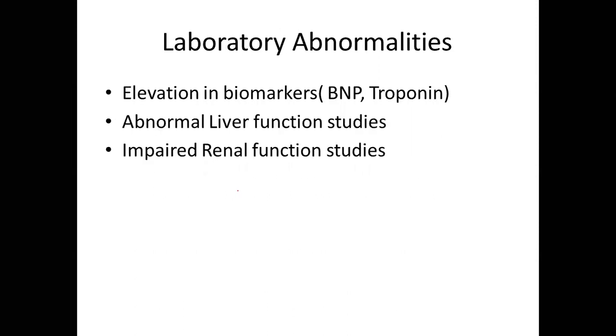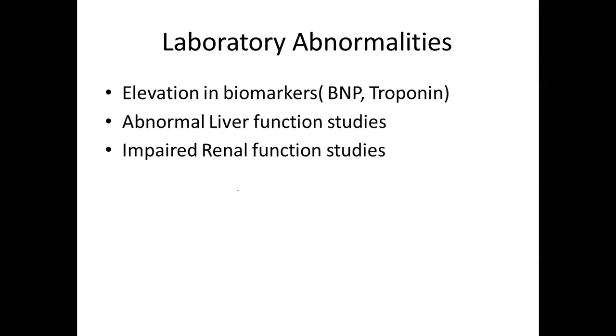So some laboratory abnormalities related to RV failure. One is elevation in biomarkers. With RV damage, like in LV abnormality, we can have raised cardiac biomarkers; brain natriuretic peptide and troponin can be elevated. Though their diagnostic use is limited in differentiating RV from LV failure or from other non-cardiac pathologies, they have a good prognostic value.